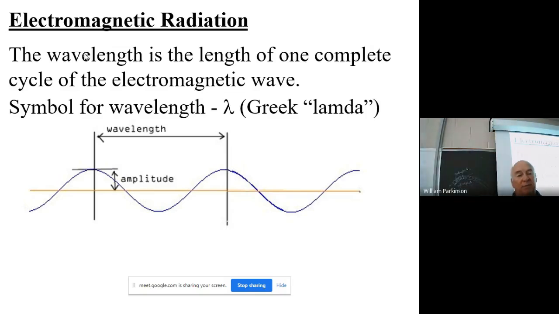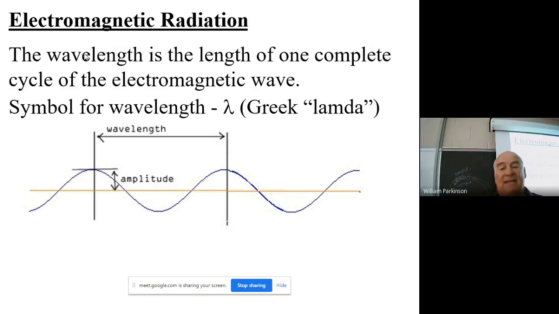Now, it turns out that another model we employ for waves, which is very valid, is that the waves are very consistent. The wavelength is the same no matter where I measure it from. Meaning, I can start at the 0 point on the way down and go to the next returning 0 point on the way down. That'll have the same wavelength as going from the peak to the next peak. I can start at the trough, at the minimum amplitude.